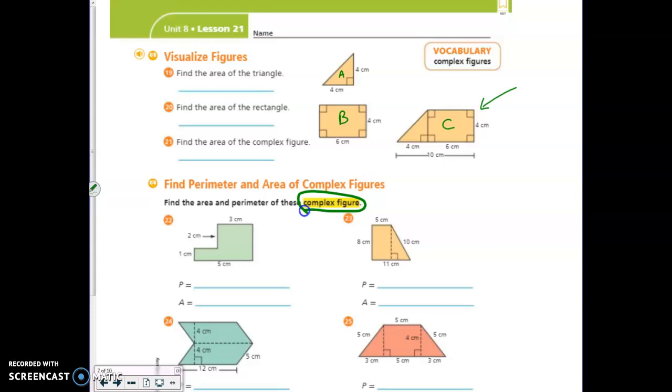Not to find the area of it, but just to talk about why it's so difficult for us to find the area of shape C. Okay? As we look here, we can see that we have a base all the way across of 10. And we have a height to its tallest point, like we would for a triangle, straight up and down, of 4.